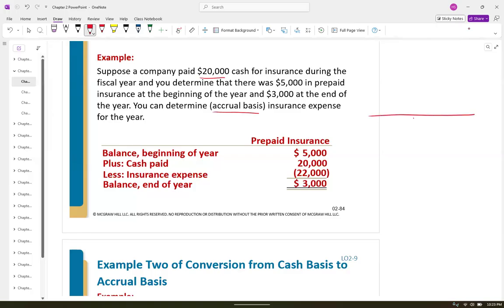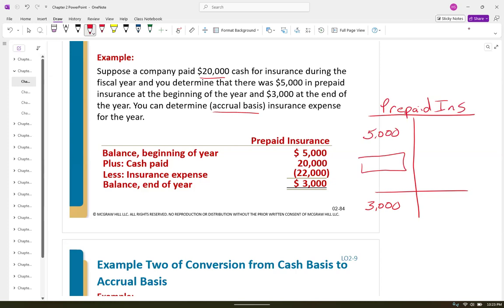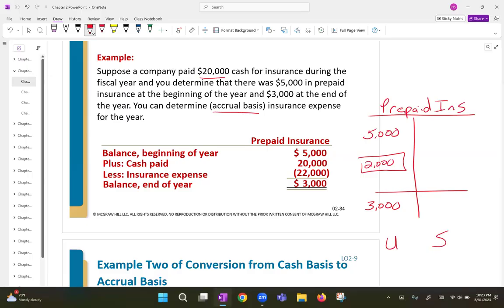I am going to draw a T account out because you may remember my use and source rule that comes into play right here. That beginning balance was 5,000. We don't really need all that stuff in between. We can look at the beginning and the ending, and we can see that it changed by $2,000. Remember that use and source, that's a use of cash right there.